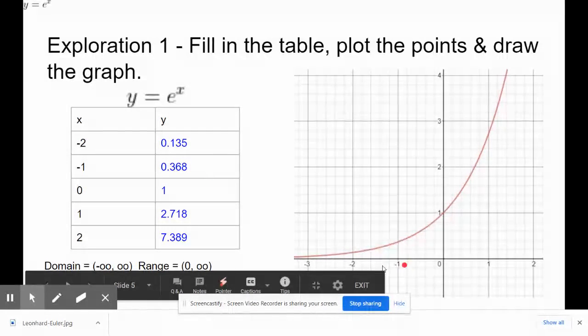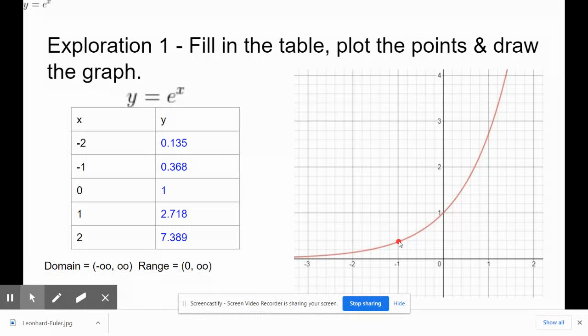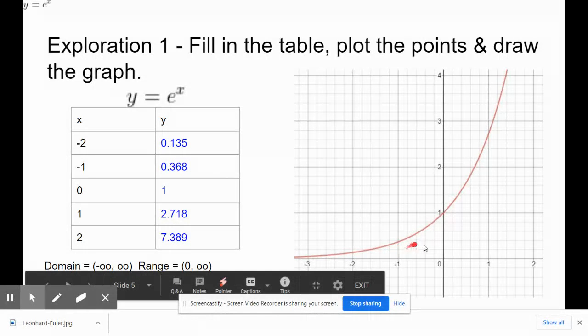Notice that when x is -2, we get that y is about 0.135. When x is -1, y is about 0.368, or about 0.4.